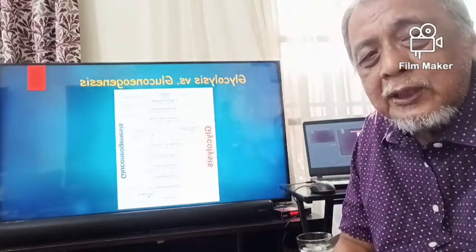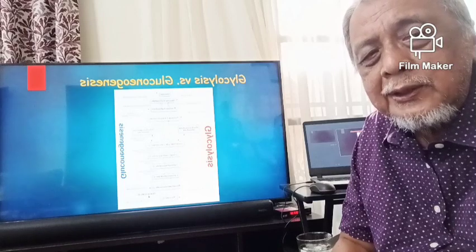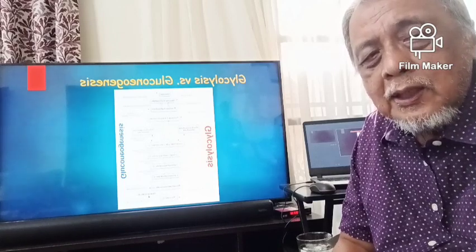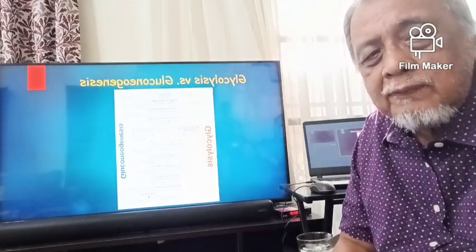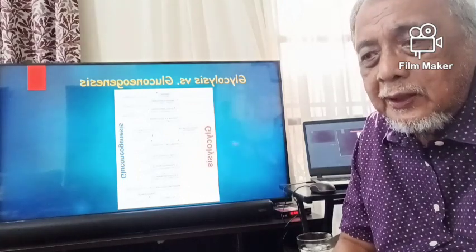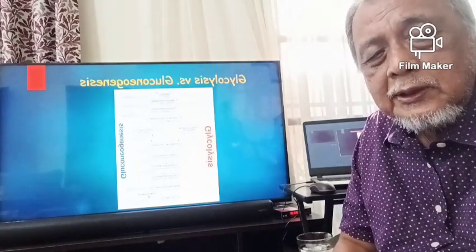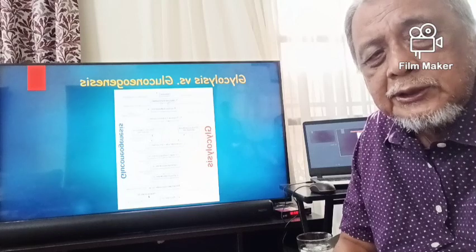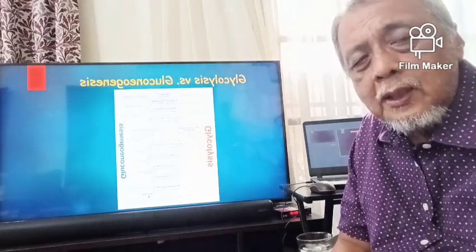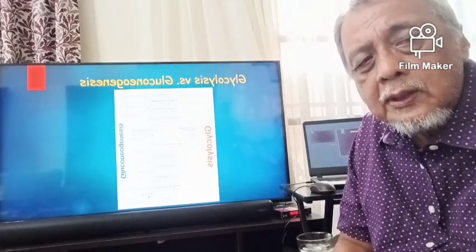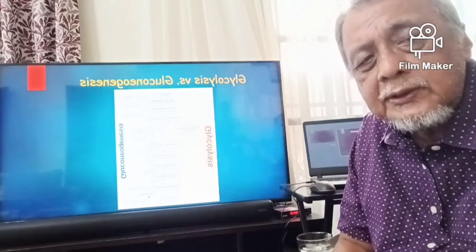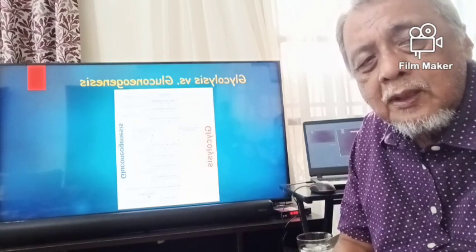When there is no longer any supply of carbohydrate in the diet, so that the blood glucose level is low, then the emergency reaction of the body is to source its energy from the stored sources like fats and proteins.